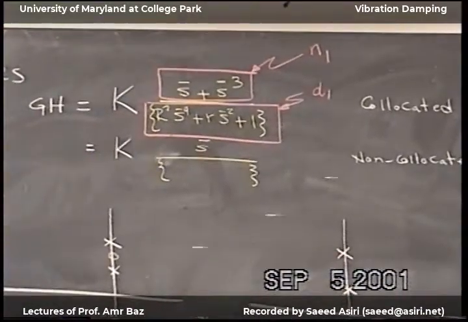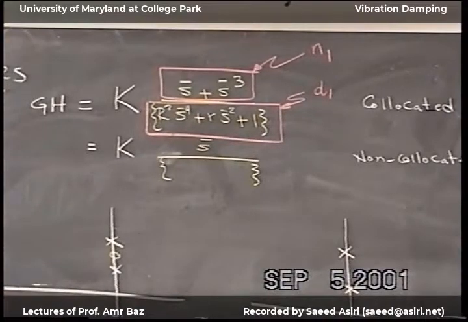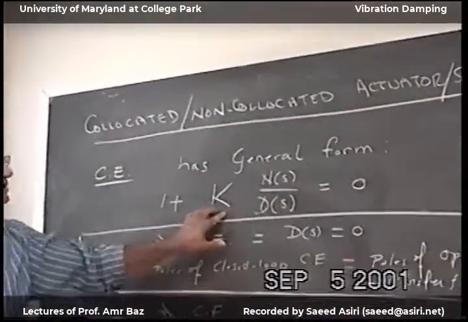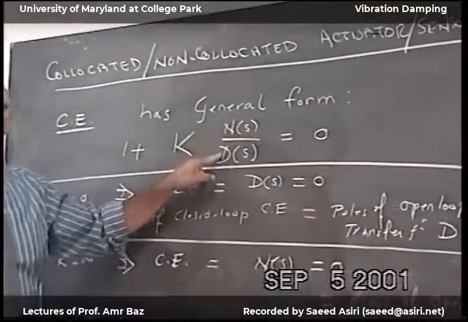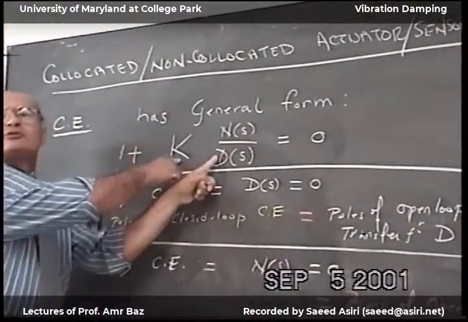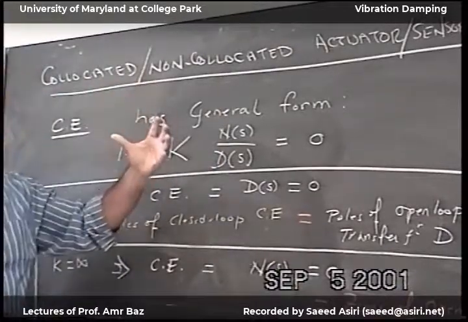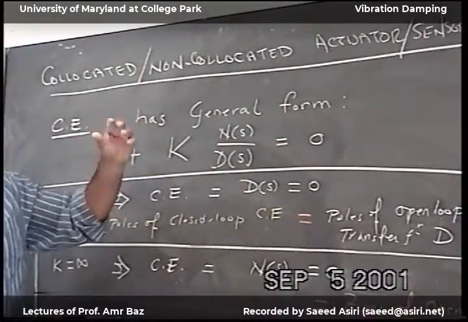I tell MATLAB to call the root locus routine. The root locus routine finds the roots of this equation. This is known. It will vary k from 0 to infinity and plot the contours of these roots, the locus of these roots.